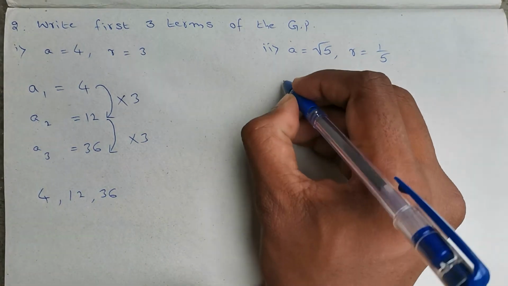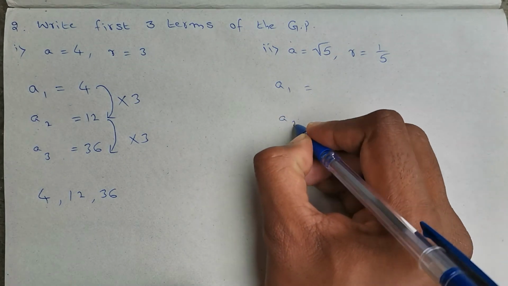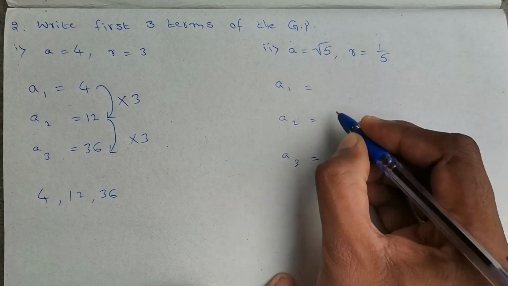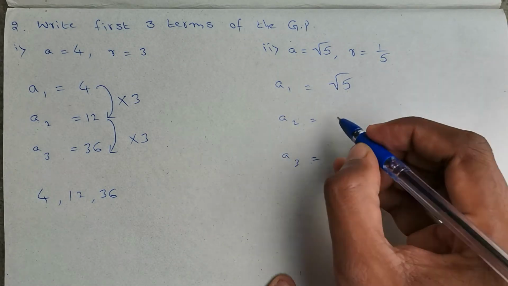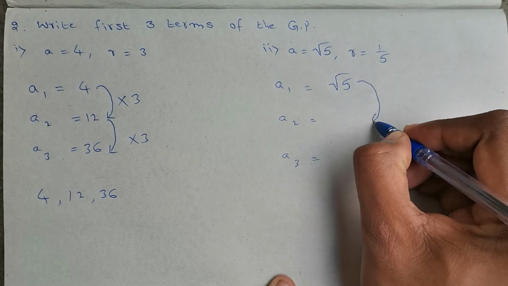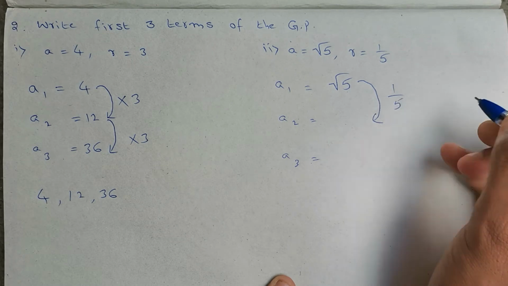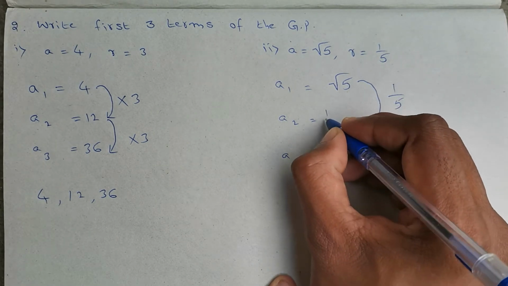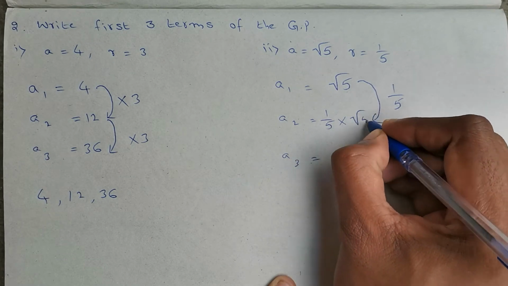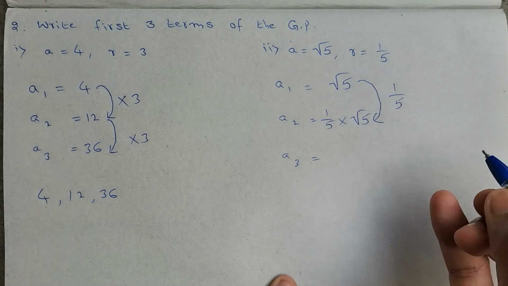Next, second question. A1, A2, A3. A1 is given as root 5. A1 and A are both the same first term. Now for this root 5 we need to multiply by the common ratio, that is 1 by 5. Root 5 into 1 by 5, 1 by 5 into root 5. Next A3.